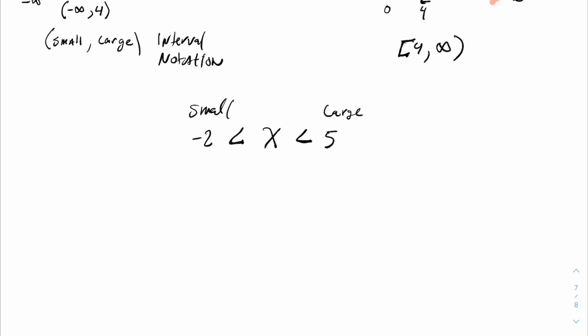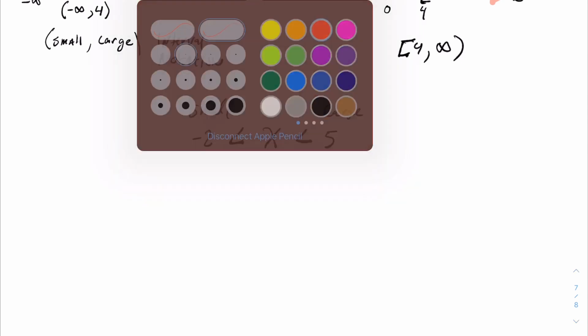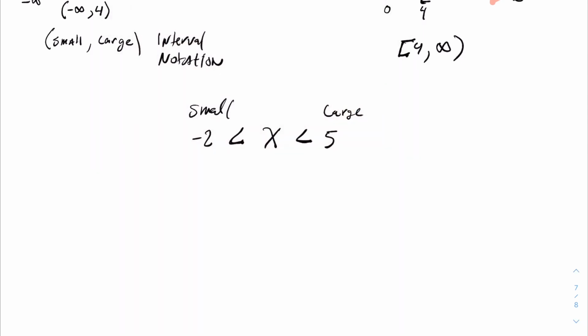Well, this is a compound inequality. It has 2 inequalities built into one. And so the way this works is you read it from the inside out. So you'd first read this one, and you're not going to do it this way each time.